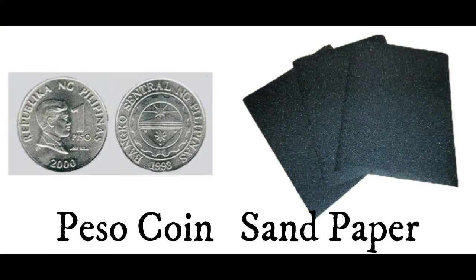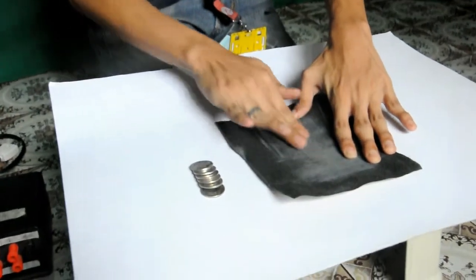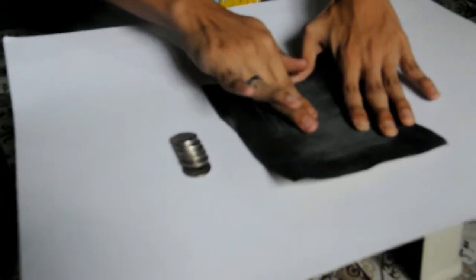In making nickel filings, you need a peso coin and a sandpaper. And then you need to rub the peso coin on the sandpaper in order to get nickel filings.